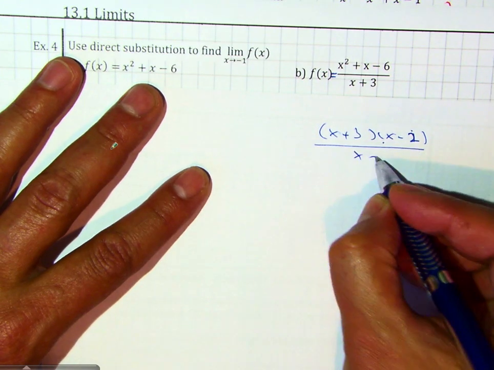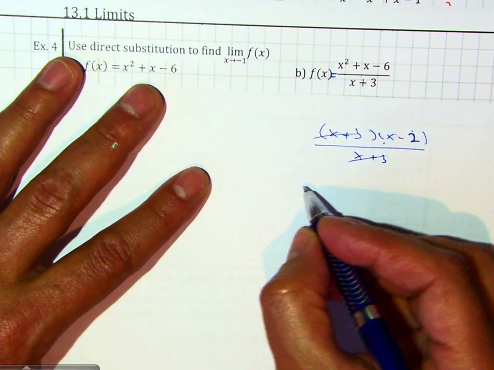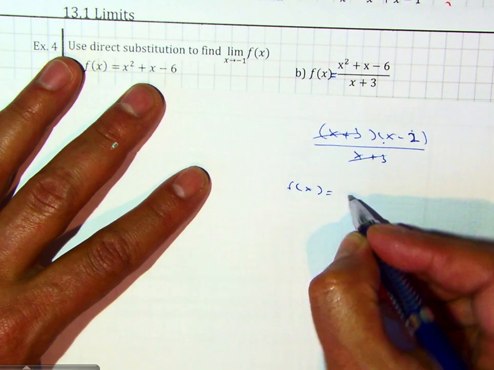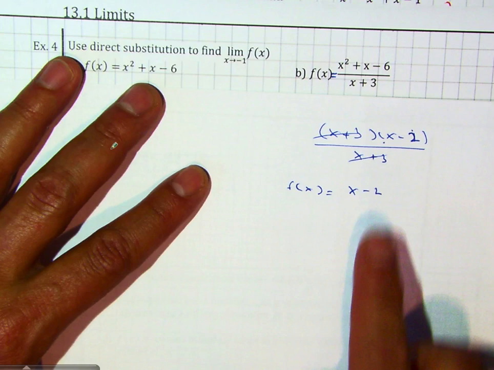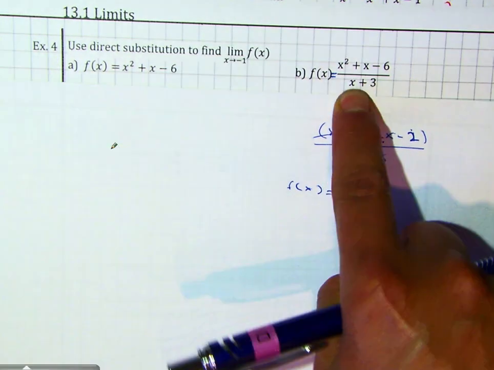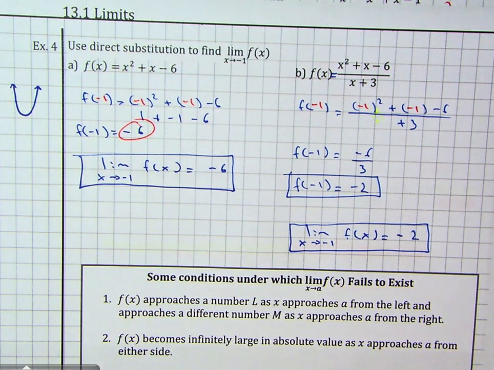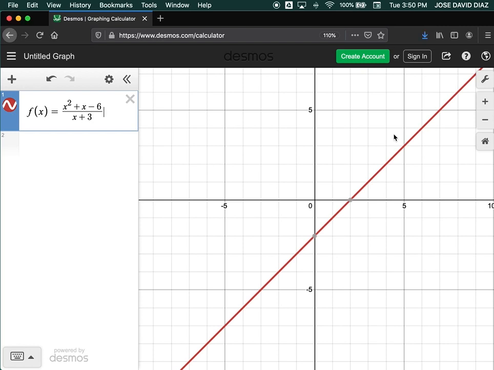My x plus 3 cancels out. So therefore, x minus 2 will be my graph. But we do have a hole when x is equal to negative 3. Even though it seems like it's right there, that's undefined.